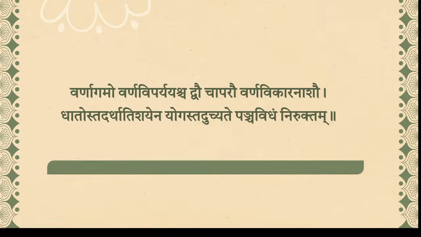So tad arthat atishayena yogas tad uchyate panchavidham Niruktam. So there are 5 limbs of Nirukta. One is Varnagam, Varn Viparyaya, then Varn Vikar, then Varnanash, then the atishayena artha. Okay. Astu.